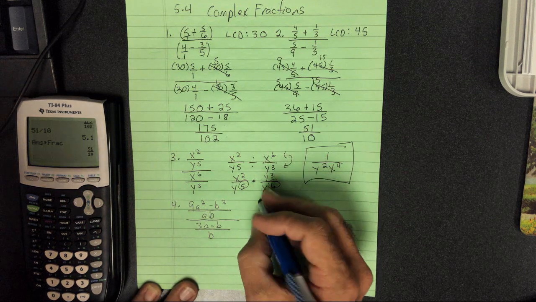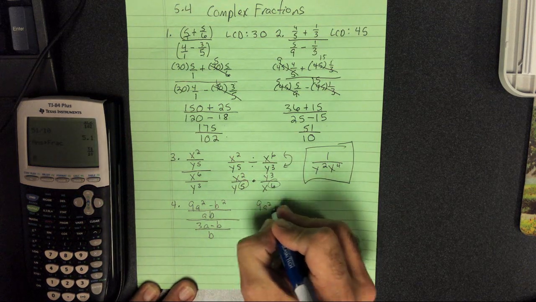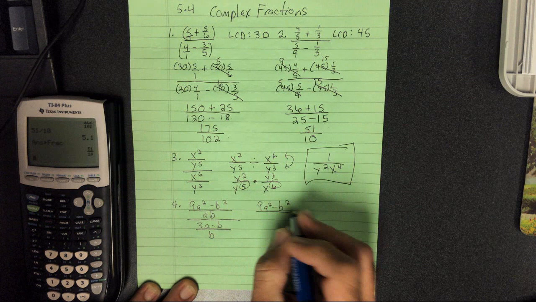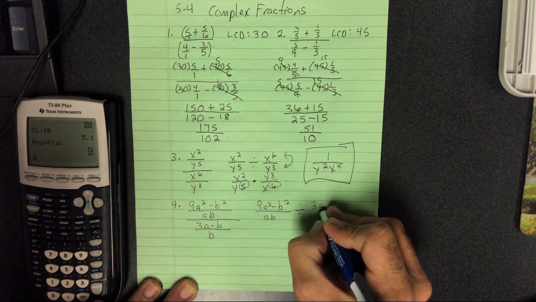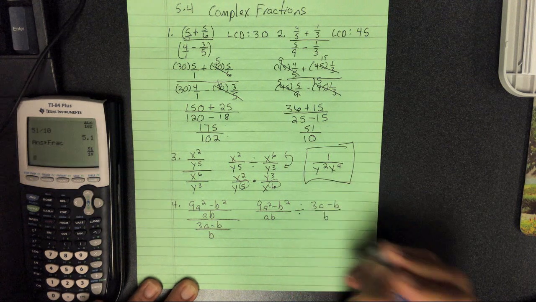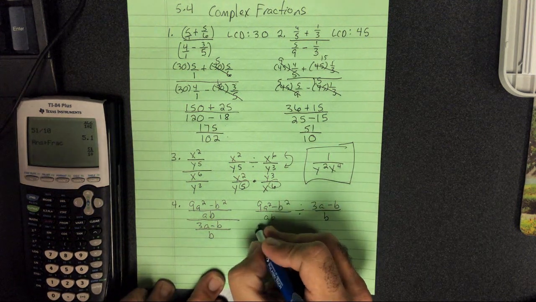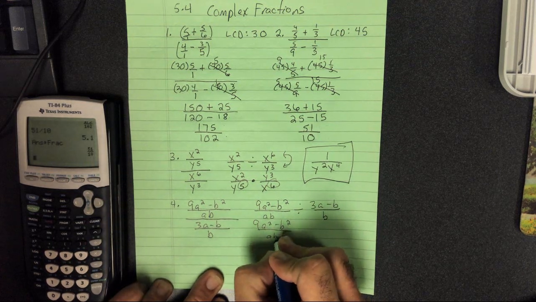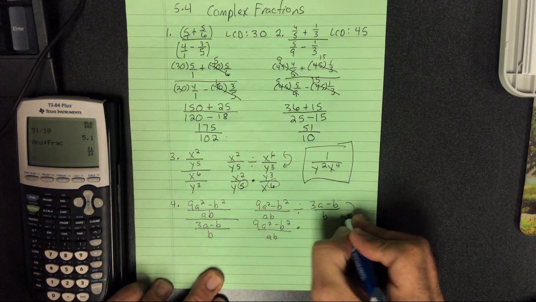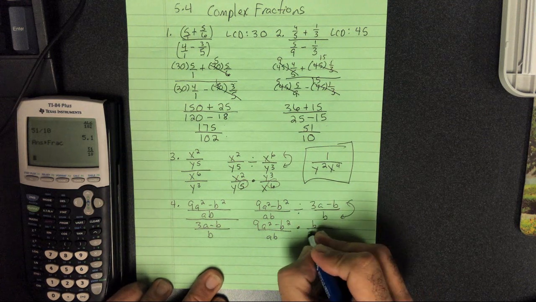I'm going to bring my 9a squared minus b squared over ab, and divide that by 3a minus b over b, which means I'm going to rewrite this as multiplication, which means I'm going to flip this one so I get a b over 3a minus b.